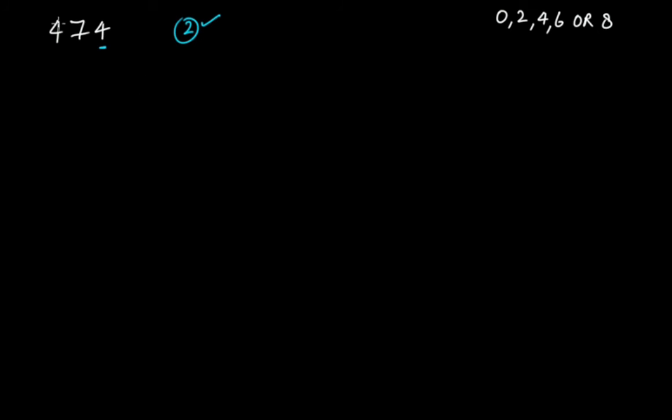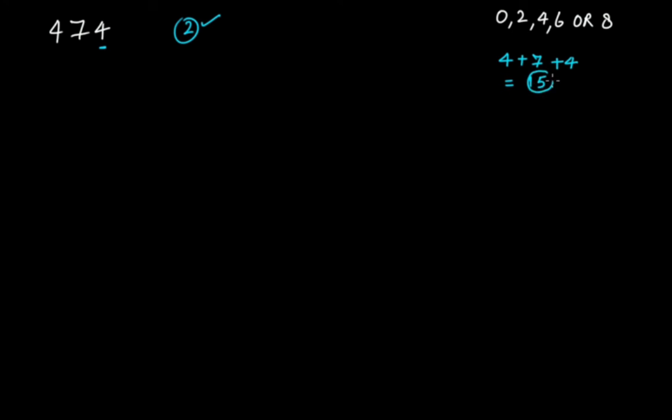Is this number divisible by 3 or not? To do that, you just add all these digits, that is 4 plus 7 plus 4. And I repeat again, if you haven't watched the previous videos for divisibility by 2 and 3, then please go and check that. So you add these digits, 4 plus 7 plus 4, and you will get 15.